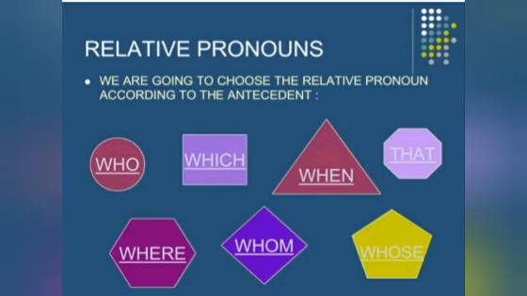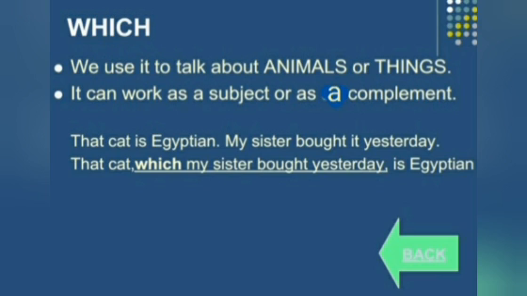Okay? First is which. What's the use? It is used to talk about animals or things. It can work as a subject or as a complement. Take for example, that cat is Egyptian. My sister bought it yesterday.